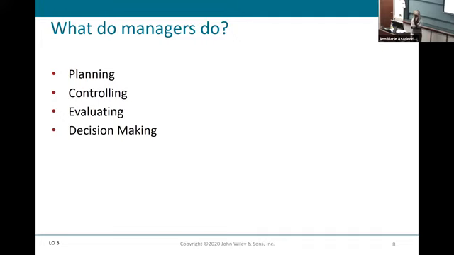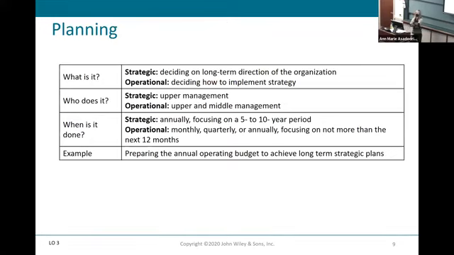The first step is going to be planning. You would start with strategic planning. Strategic planning is that long-term goal for your company, right? Usually 5 to 10 years out. Where is it that I want to be for this company in 5 to 10 years, right? So you have that long-term goal.